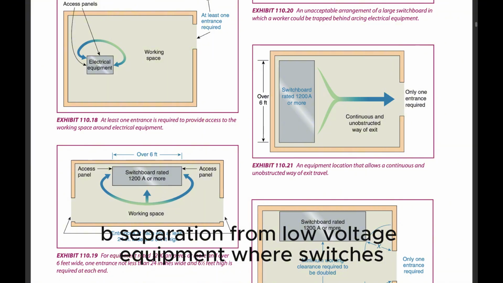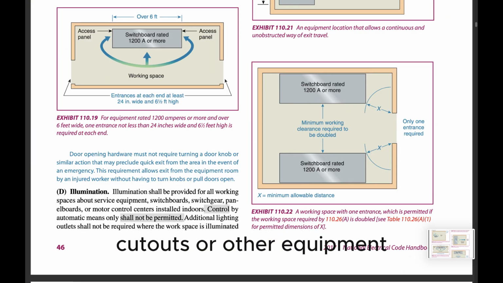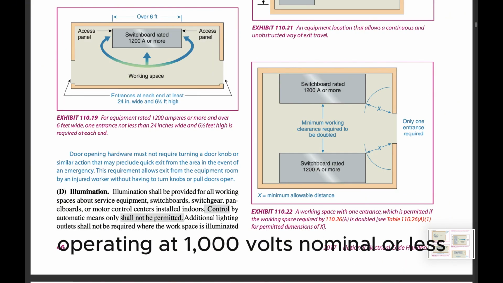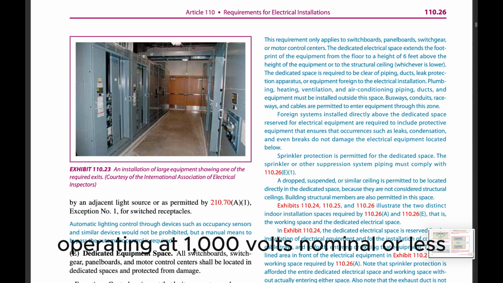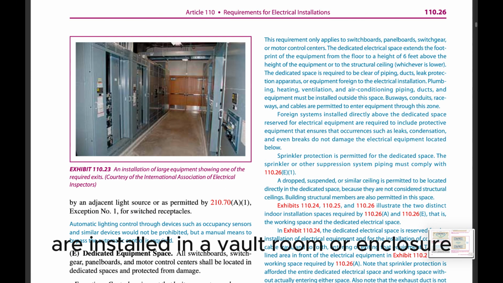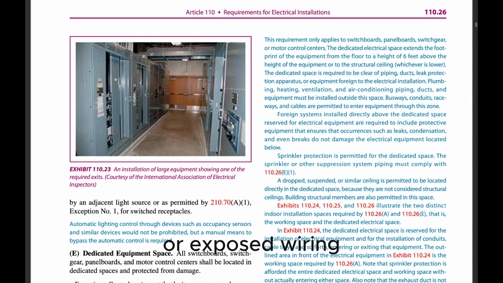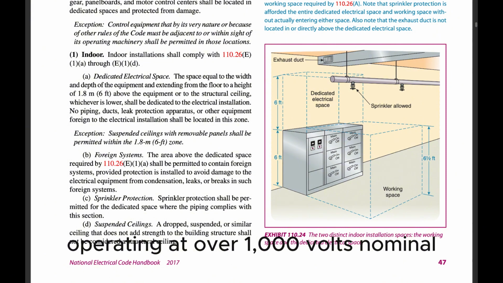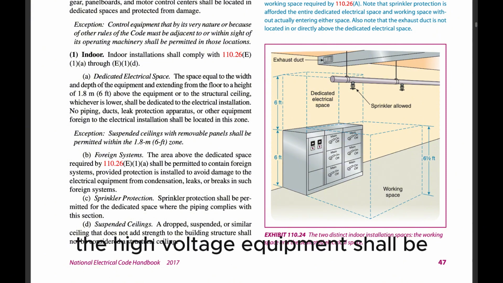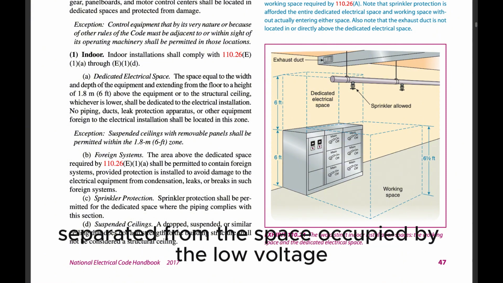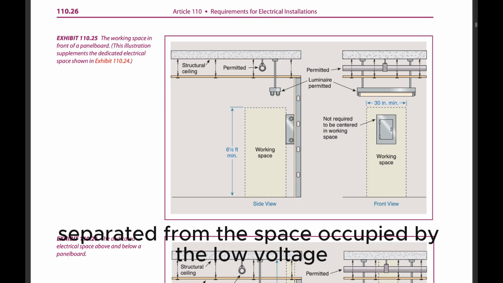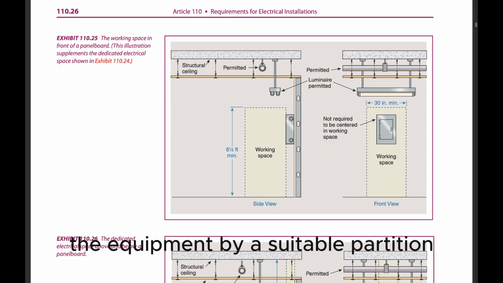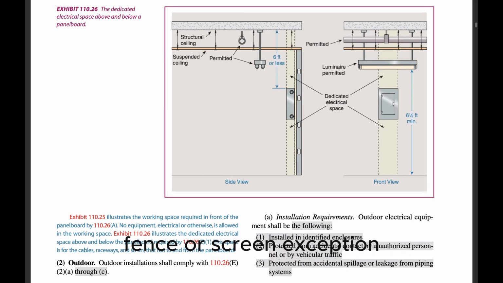B. Separation from low-voltage equipment. Where switches, cutouts, or other equipment operating at 1000 volts, nominal, or less are installed in a vault, room, or enclosure where there are exposed live parts or exposed wiring operating at over 1000 volts, nominal, the high-voltage equipment shall be effectively separated from the space occupied by the low-voltage equipment by a suitable partition, fence, or screen.